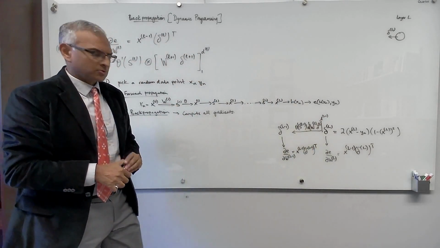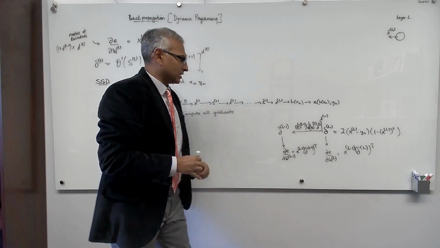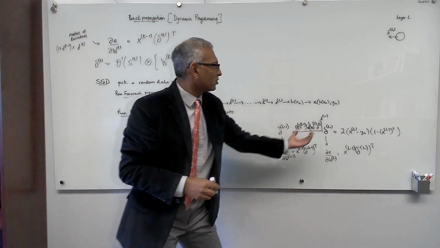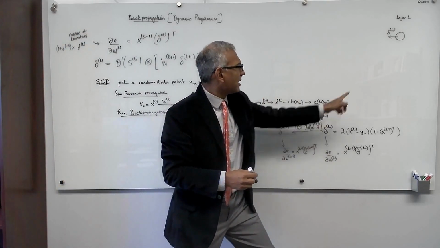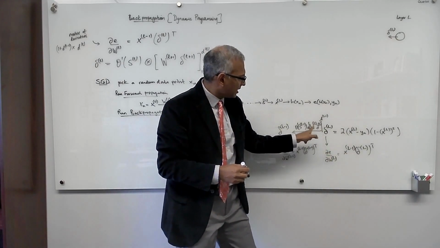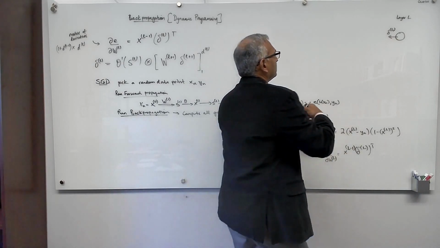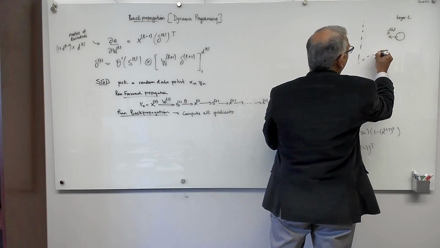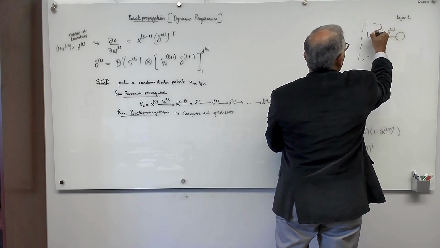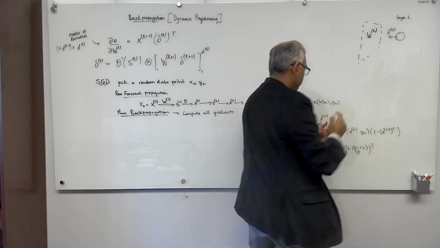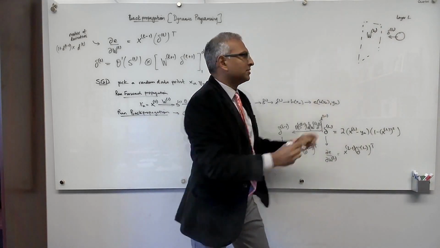Now look, I've computed two sets of gradients. Let me show you pictorially what's going on. I have my delta L. I multiplied by the weights WL and got the result.